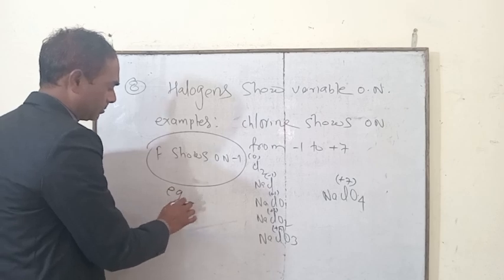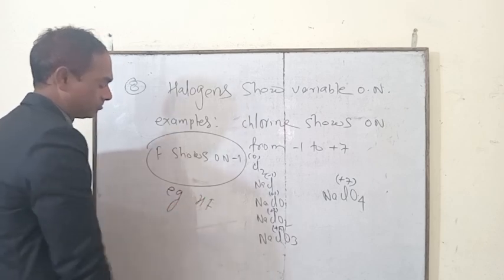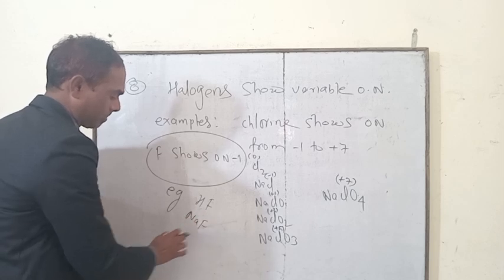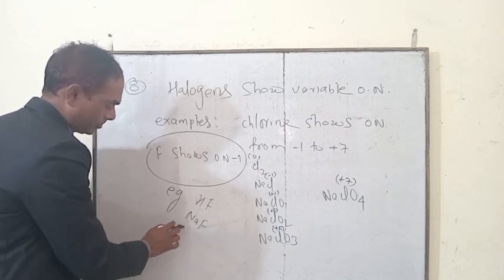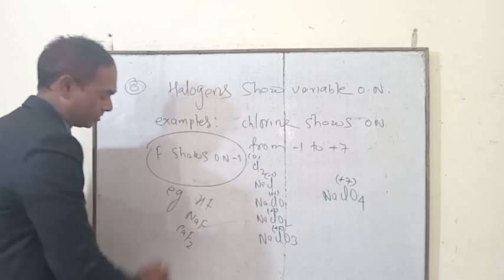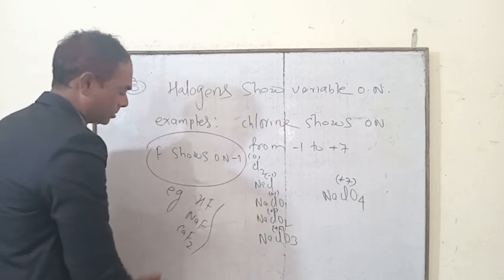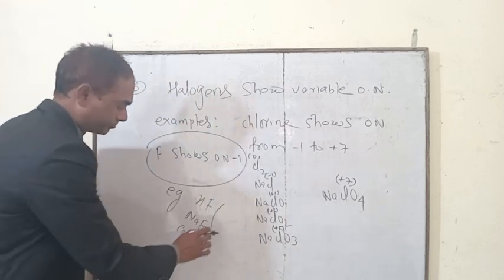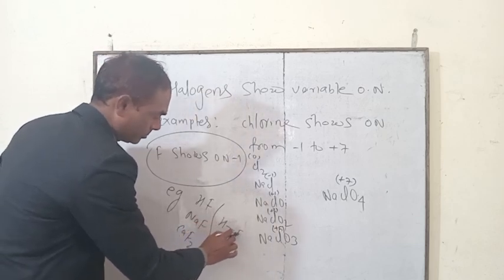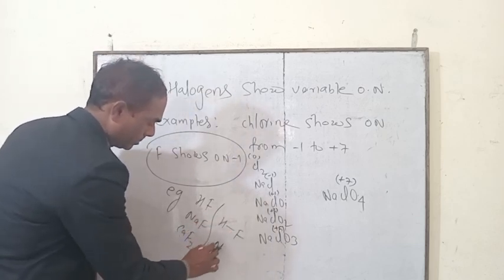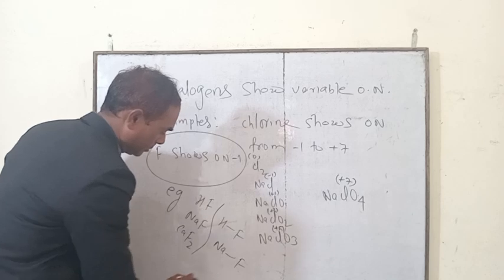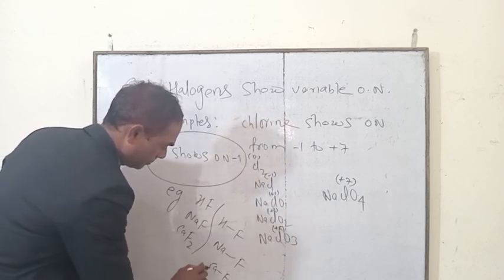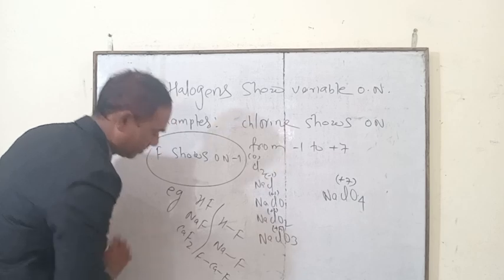Examples like HF, NaF, CaF2. In these molecules, oxidation number of fluorine is always -1. HF, NaF, CaF2.